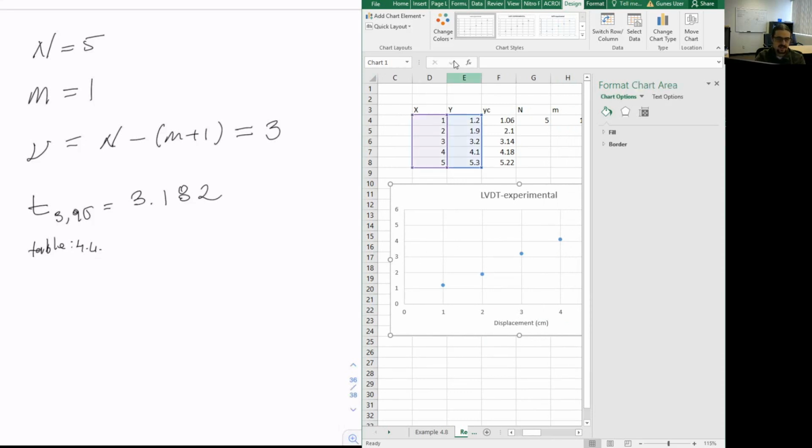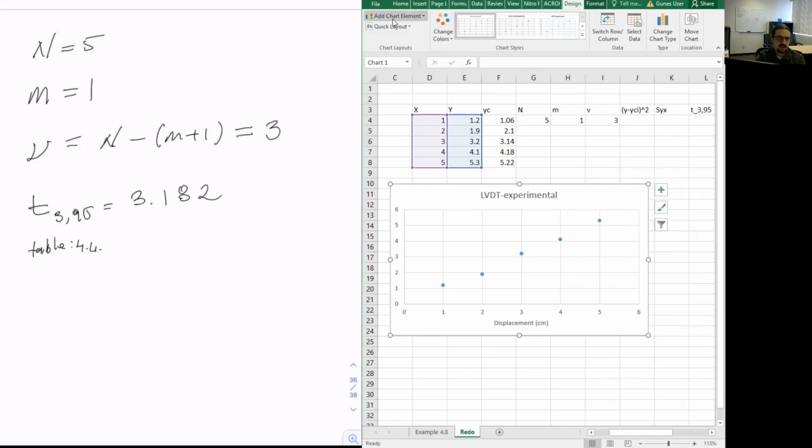And my y-axis is going to be the LVDT output, and that's going to be in volts.